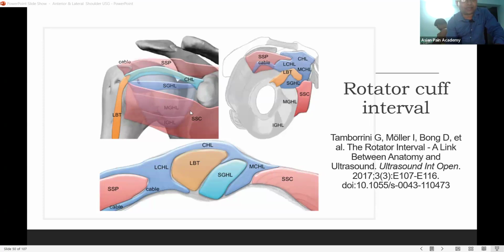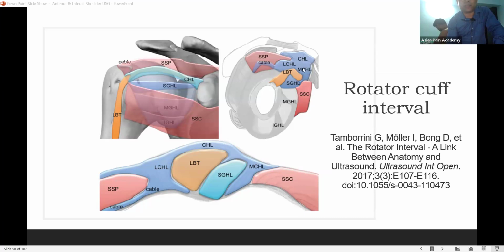On one side, anteriorly, it is the subscapularis, and superiorly it is the supraspinatus. In between there is a gap, and it is not covering the glenohumeral joint. That's why it is called the rotator cuff interval. All the other areas are covered by the rotator cuff, but this is the interval.